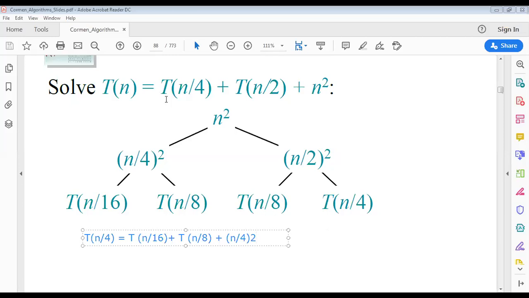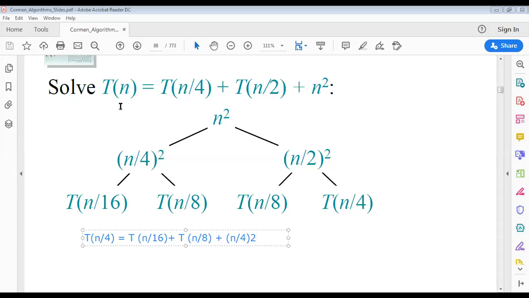So if we put n by 4, the result will be n by 4 square plus T of n by 16 plus T of n by 8, and the other child has n by 2 elements.